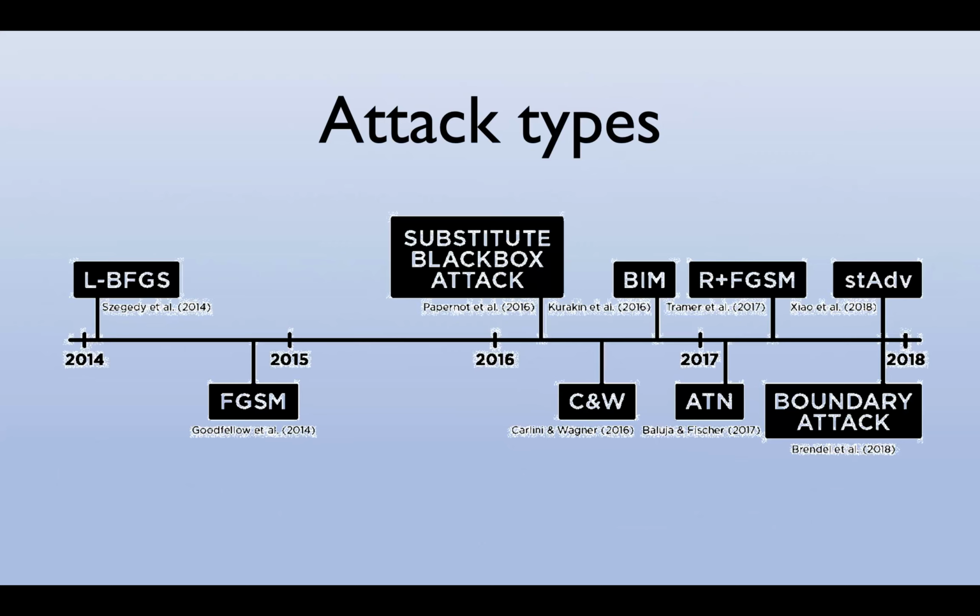So just some history of the attack types. The first attack was shown in the work of Szegedy. This was the L-BFGS algorithm. They showed through a line search method that adversarial attacks are possible, but their attack was not as simple, and therefore it took some time.